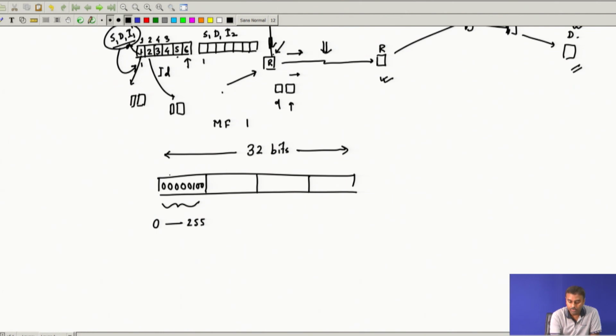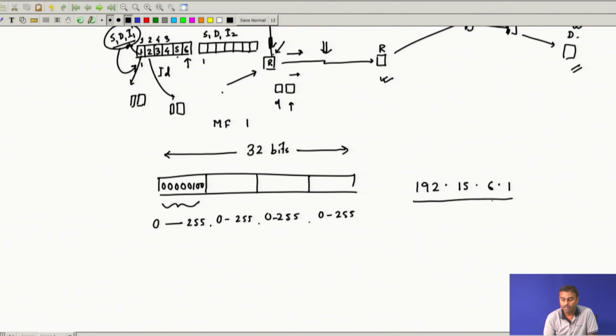So, each one will have this 0 to 255, each 8 bits, and just for representation, IP addresses are put in this dot decimal format. So, basically I can write 192.15.6.1. That means it is 32 bits. The first one has a binary representation equivalent to decimal 192.